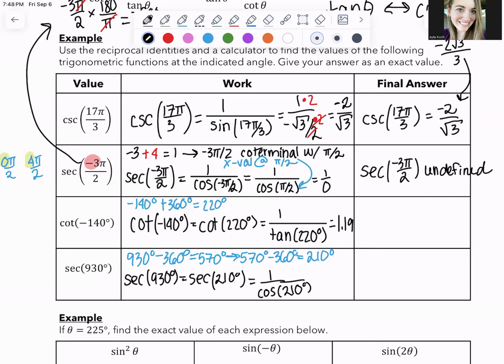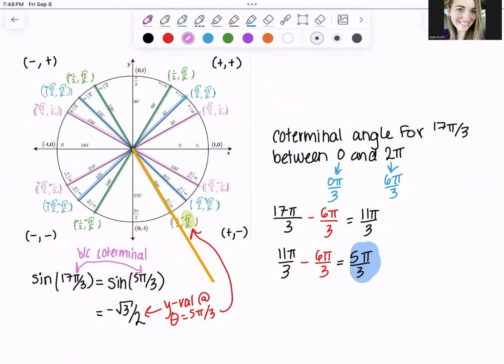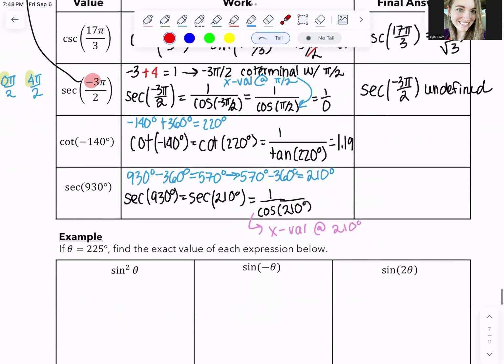That's going to be the x value at 210 degrees. Negative root 3 over 2. So this is 210, x value, negative root 3 over 2. So we have 1 over negative root 3 over 2.